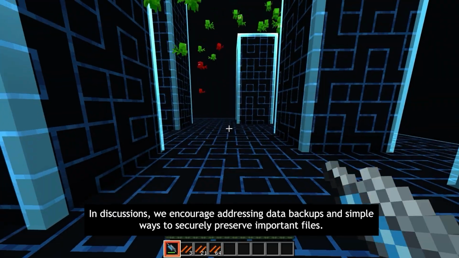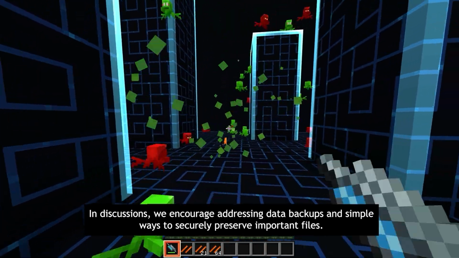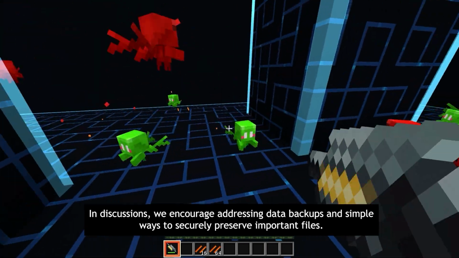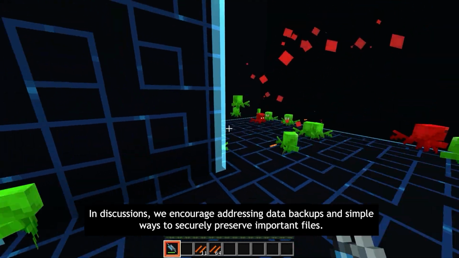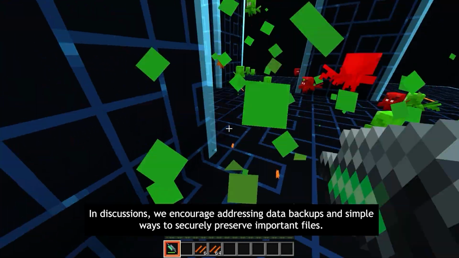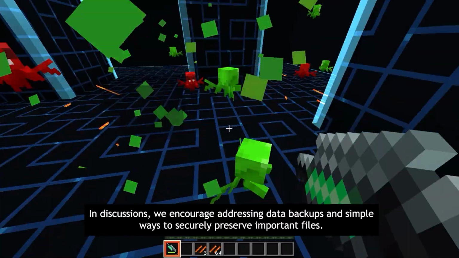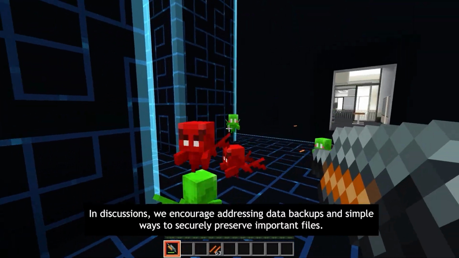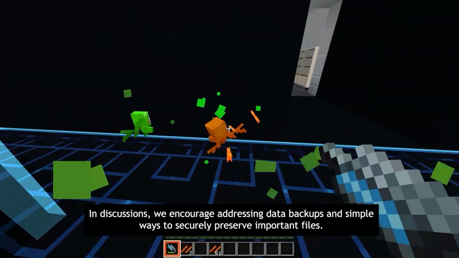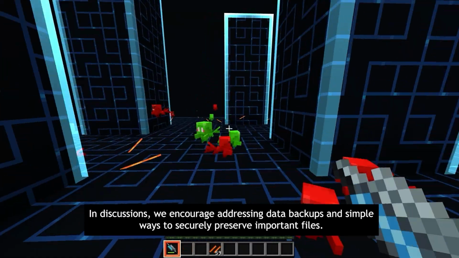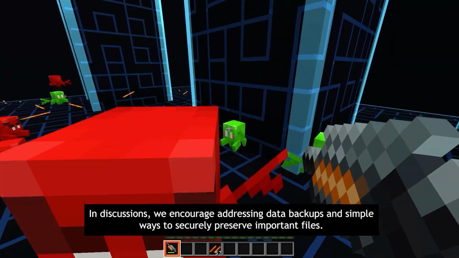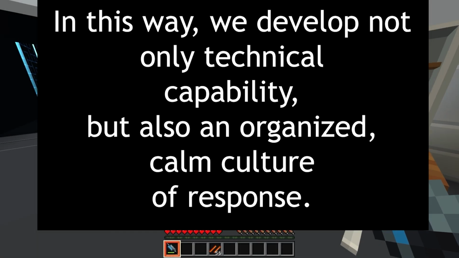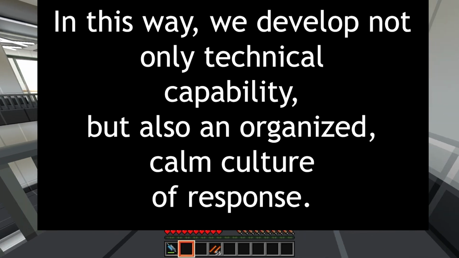In discussions, we encourage addressing data backups and simple ways to securely preserve important files. In this way, we develop not only technical capability, but also an organized, calm culture of response.